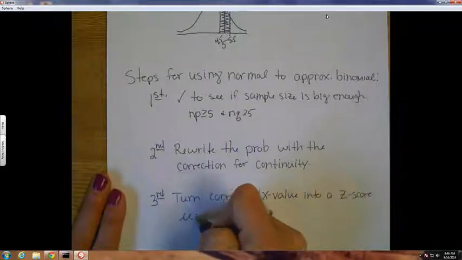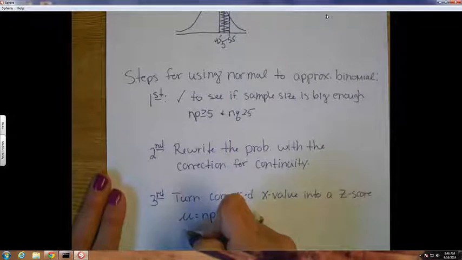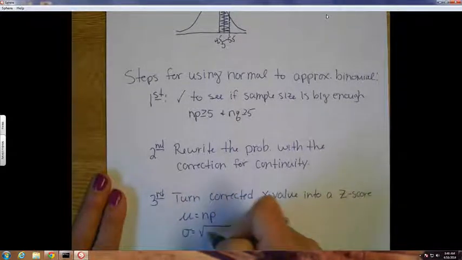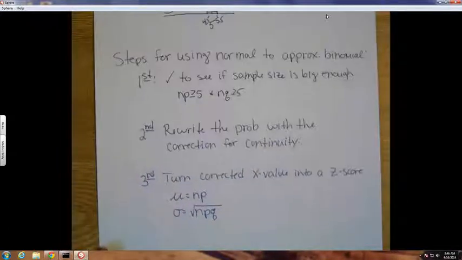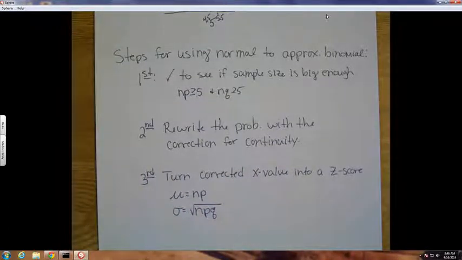The mean is n times p, standard deviation, square root of npq. Okay, so we'll do one of these, and I think that's plenty.